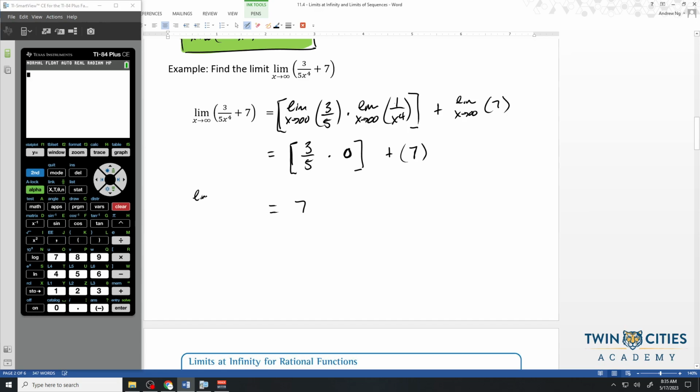So the limit of this whole thing, as x approaches infinity, of 3 over 5x to the 4th plus 7, would be equal to 7.